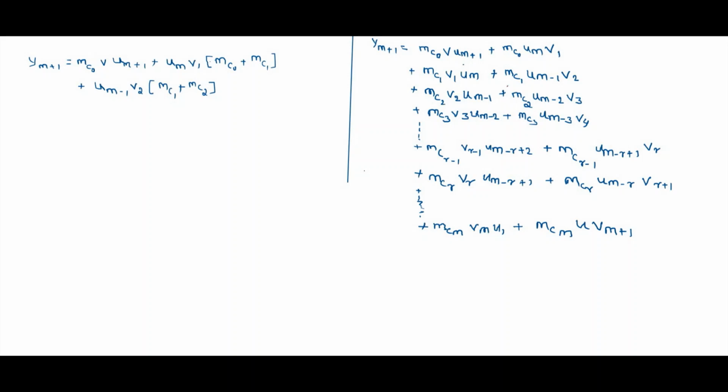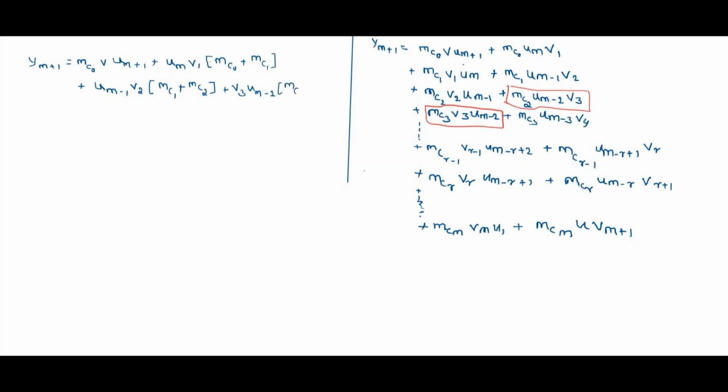Next, from these two terms, MC2 U^(M-2) V^3 and MC3 V^3 U^(M-2), I will take V^3 and U^(M-2) common.